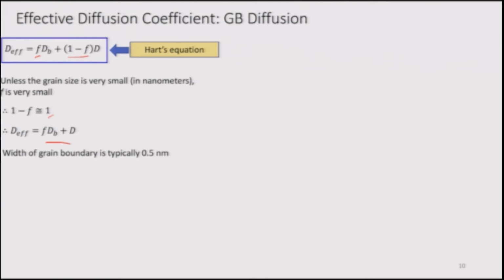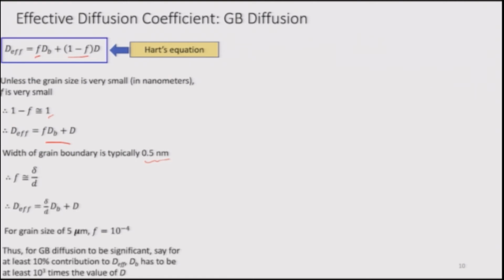Now, let us try to estimate when the contribution from D_B may become important. The contribution from D_B to D effective may become important. Typically, the grain boundary width is around 0.5 nanometer, and the grain size, even if it is very small grain size, will be, let us say, 5 micron, and F is approximately delta by d, and so we will get F to be approximately 10 to power minus 4, even when we are considering a fine grained material.